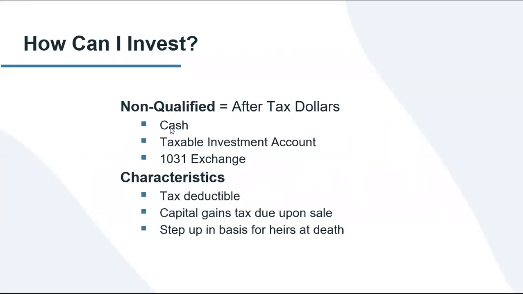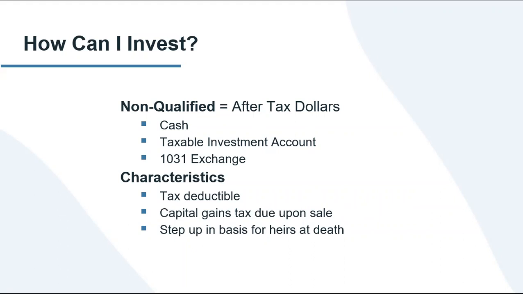So again, here's some examples of non-qualified after-tax dollars: cash, a taxable investment account, also proceeds from the sale of a property, or a 1031 exchange. A 1031 exchange allows you to use the proceeds of a sale of a property to go buy another property. Characteristics: they are tax deductible. So something that's unique to using non-qualified dollars is that the expenses that you use to pay for that property are tax deductible.